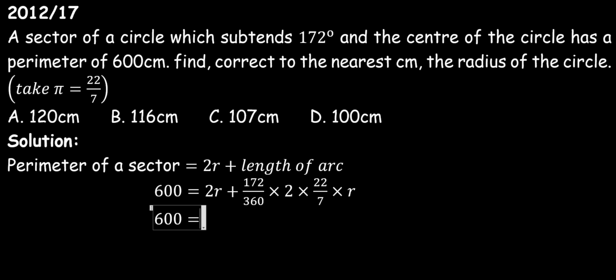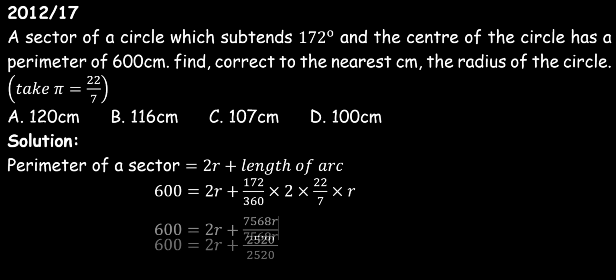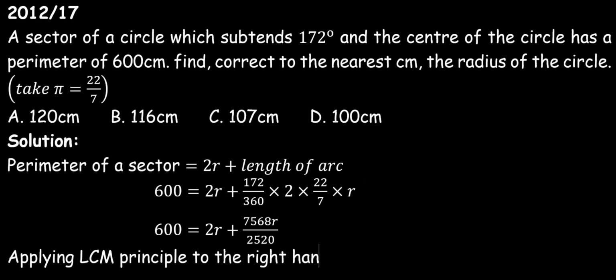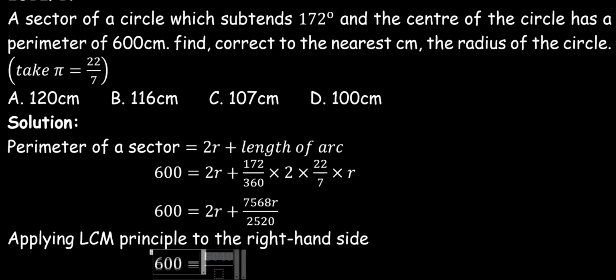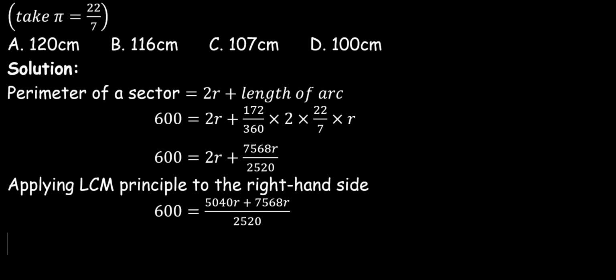The result is 600 equals 2r plus 7568r divided by 2520. Applying LCM principle to the right hand side, that will give us 600 equals 5040r plus 7568r divided by 2520. Simplifying, we have 600 equals 12608r divided by 2520.